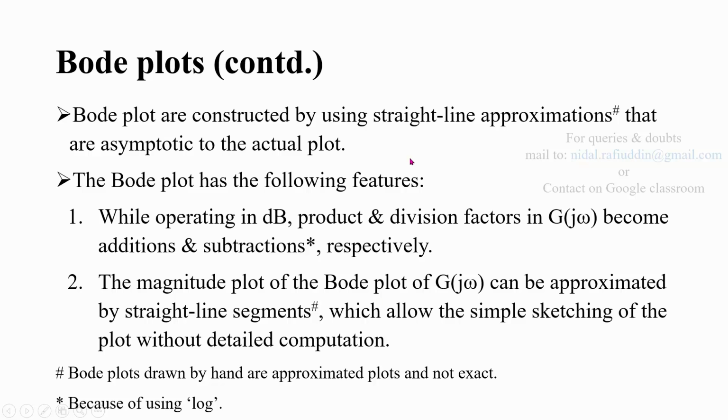This allows the simple sketching of the plot without detailed computations. In fact, whenever you try to conclude about the behavior of any system or the stability or relative stability of the system, approximate Bode plots are enough to conclude about these.